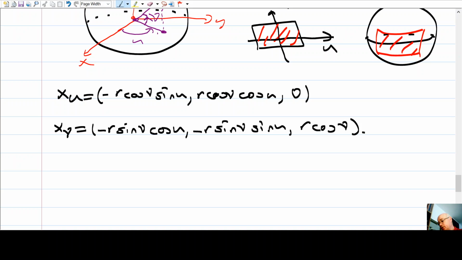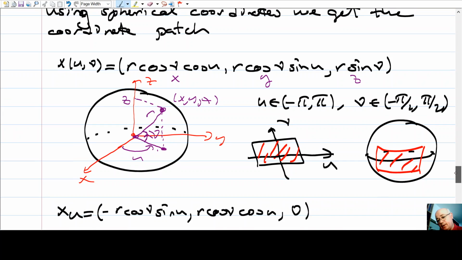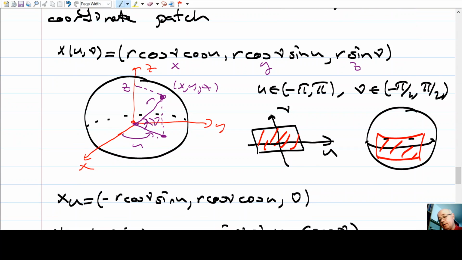So these are the velocity vectors. Why this function defines a proper surface patch, we will see in a minute.